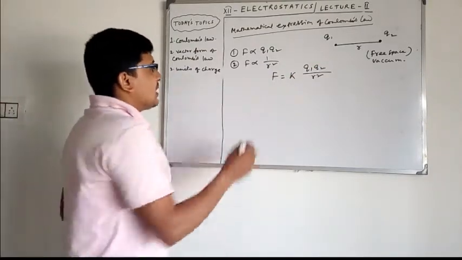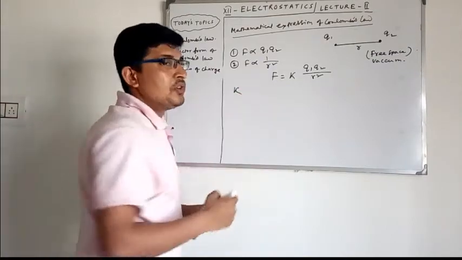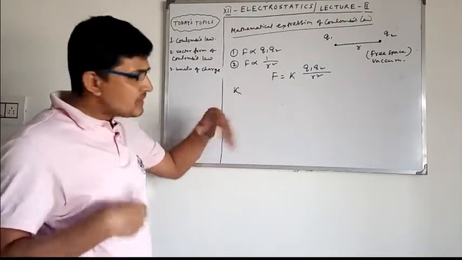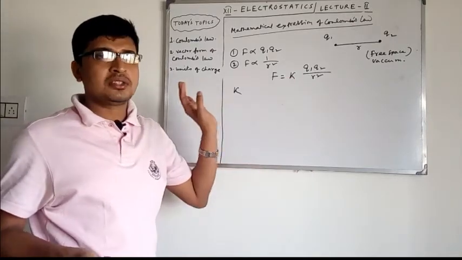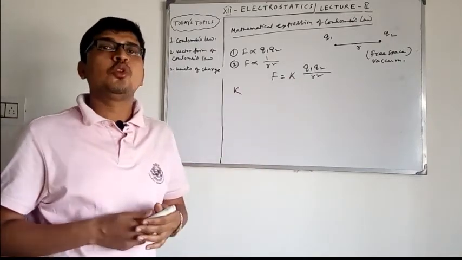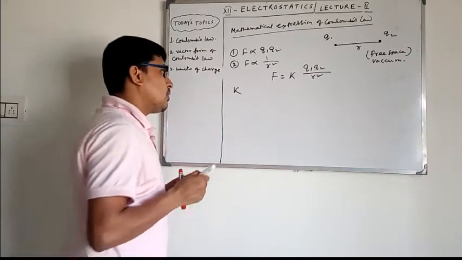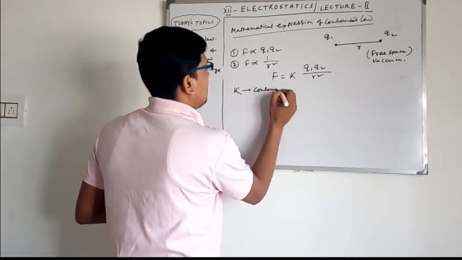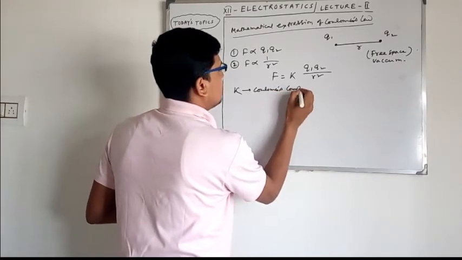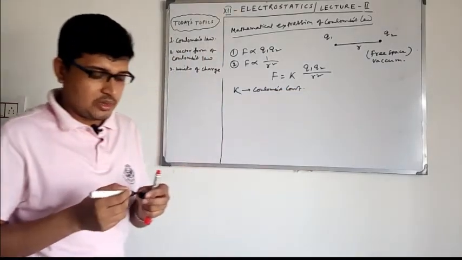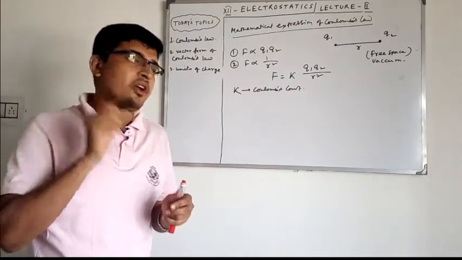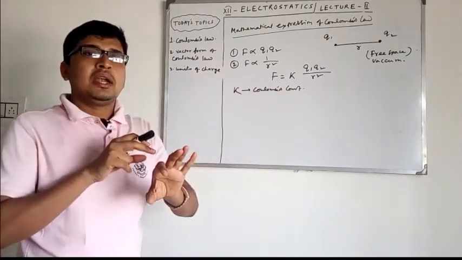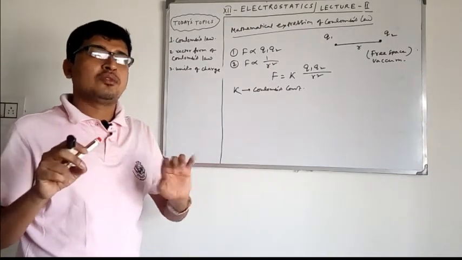So here K is a constant. You can say K is a constant of proportion. Sometimes we call the constant quantity K as Coulomb's constant. Coulomb's constant भी हम लोग इसको कह सकते हैं. One more important point to be noted, that is K is not a dimensionless or unitless quantity.